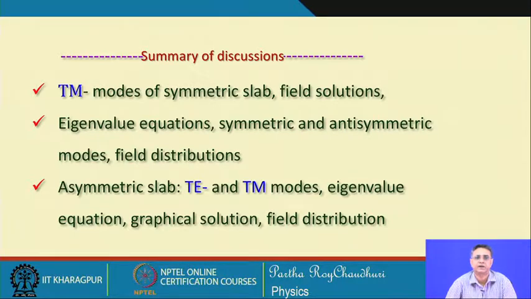This is more relevant, more practical, and in that case how the TE and TM modes and their eigenvalues take the form that we have discussed, and we have also tried to look at how the modes can be solved in this particular case. So we have taken up the graphical solution. Unlike the circle, this time the V number will give you an ellipse, and the intersection of the ellipse with the tangent and cotangent curves will give you the mode solutions.